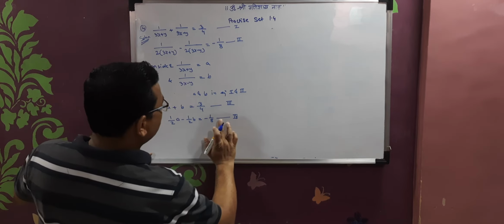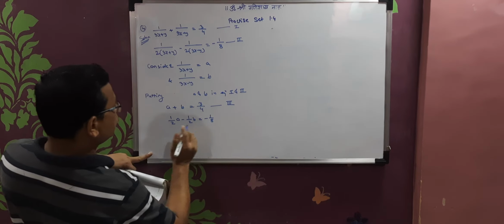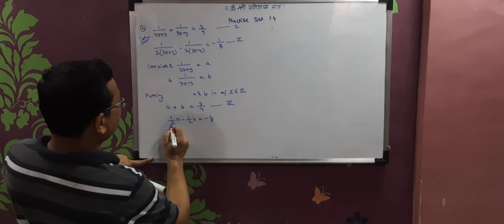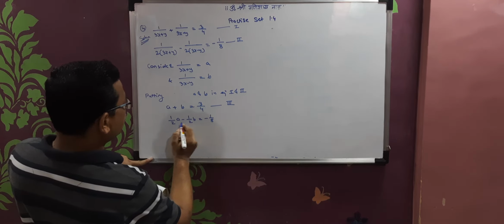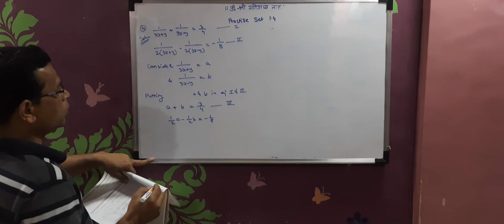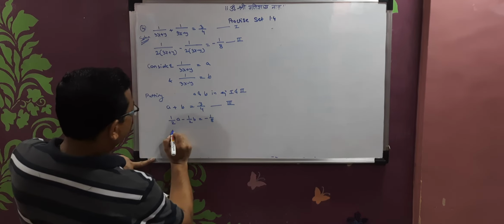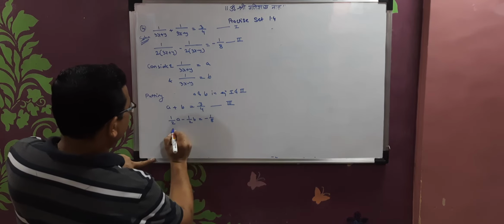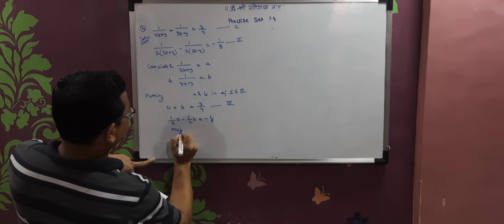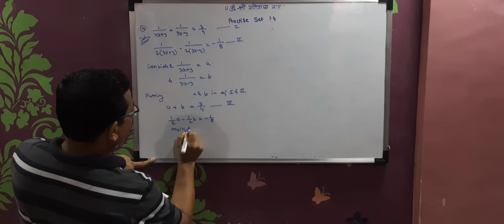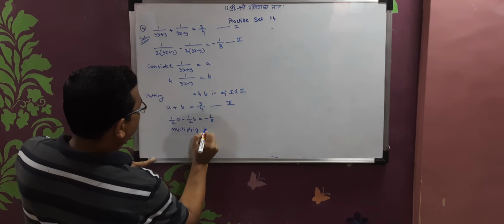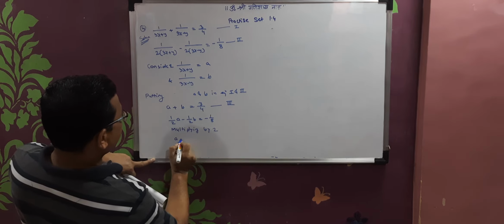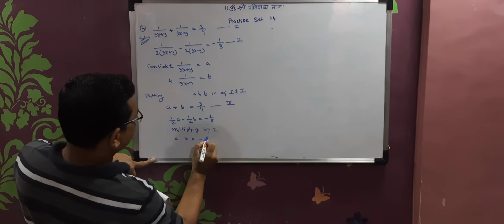Since the denominators are the same, we multiply this by 2, so this will become a minus b is equal to minus 1 by 4.